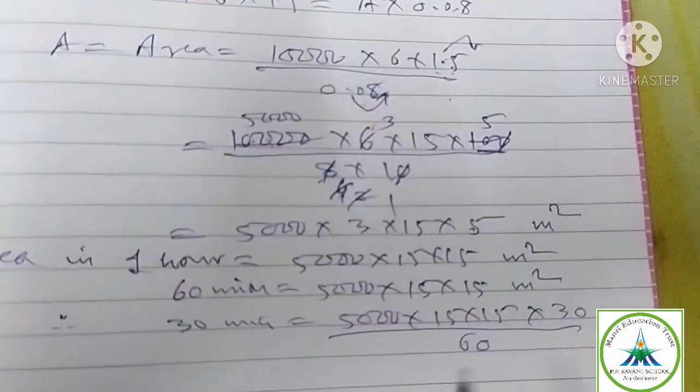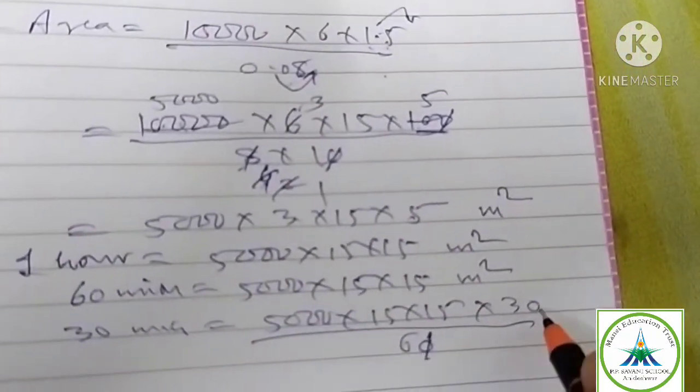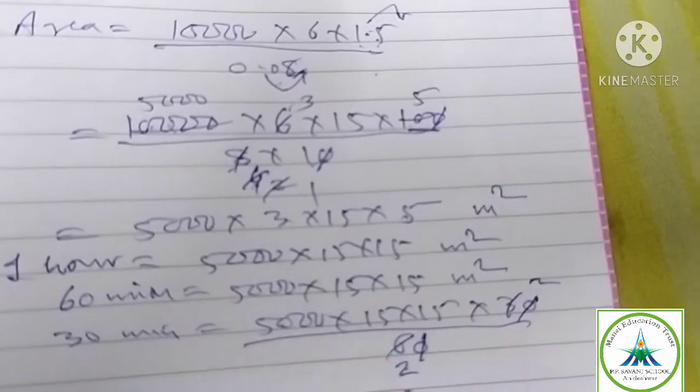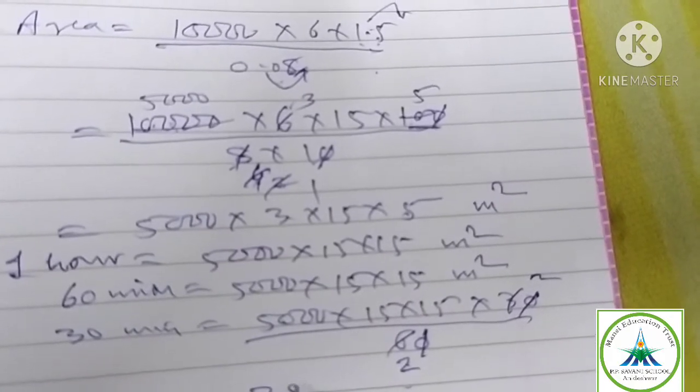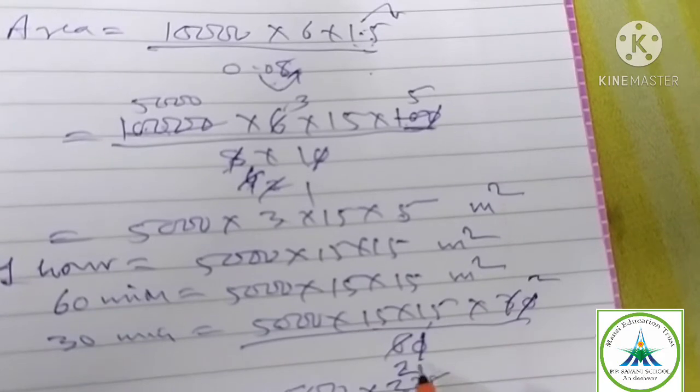See students, this unitary method is very important. You must know it. So the zeros cancel, 3 2s are 6. Again cancel by 2. You are getting 2,500 multiplied by 15 square, which is 225.